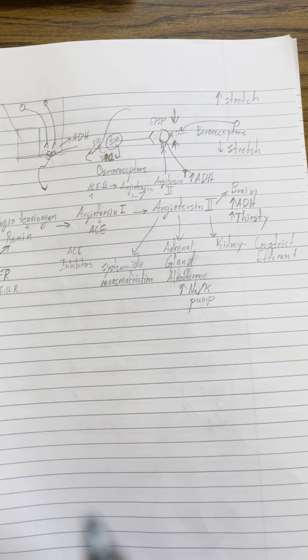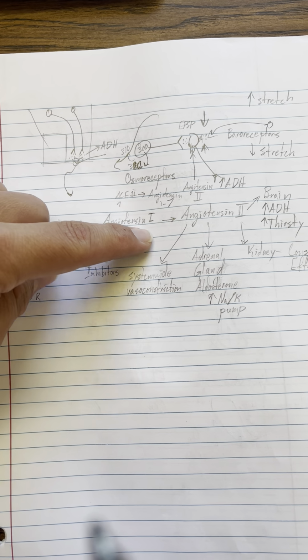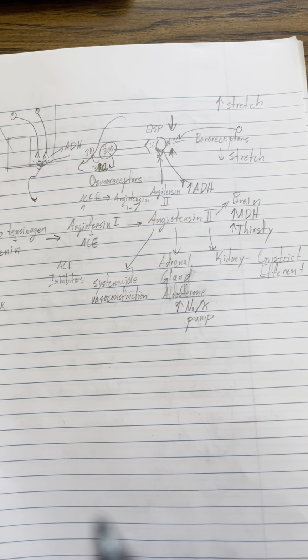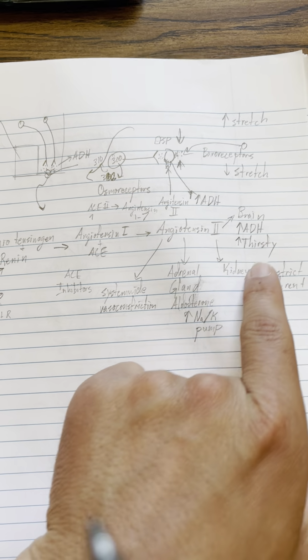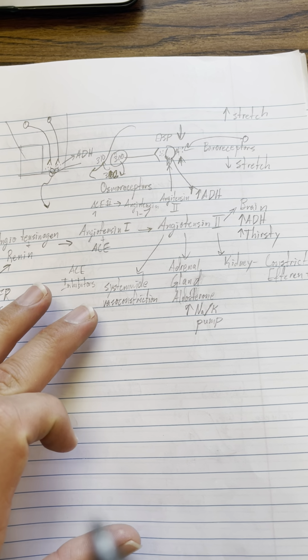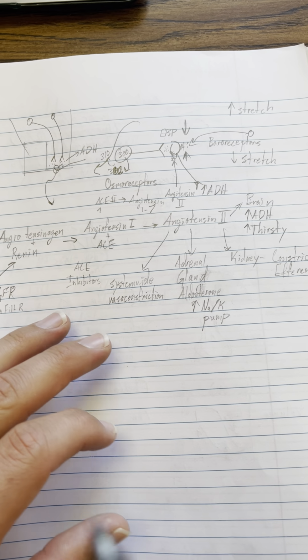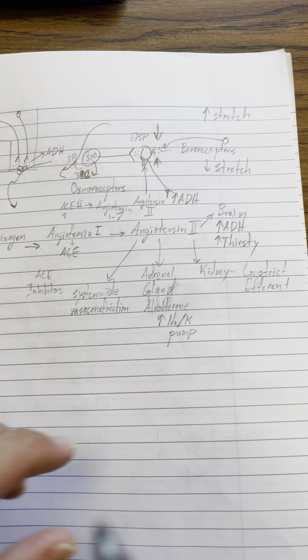ACE, the angiotensin converting enzyme from the lungs, will convert that to angiotensin 2. Then angiotensin 2 is going to go to various parts of the body, like the kidney, your adrenal gland, your blood vessels, such that you can increase blood pressure.